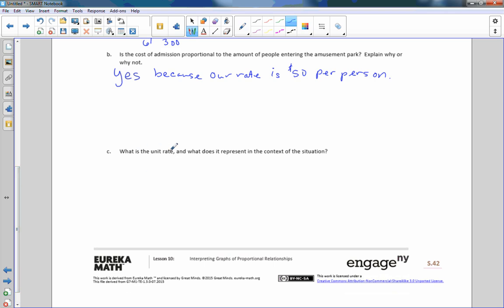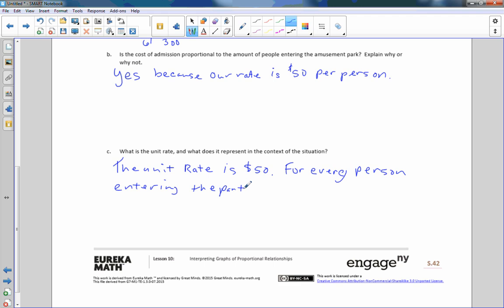C, what is the unit rate? Okay? The unit rate is $50. What does it mean in the context of this situation? For every person entering the park, it costs $50.